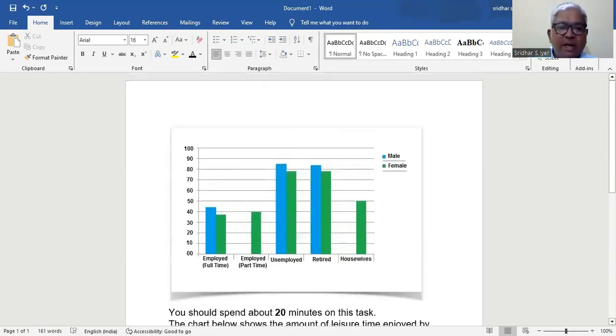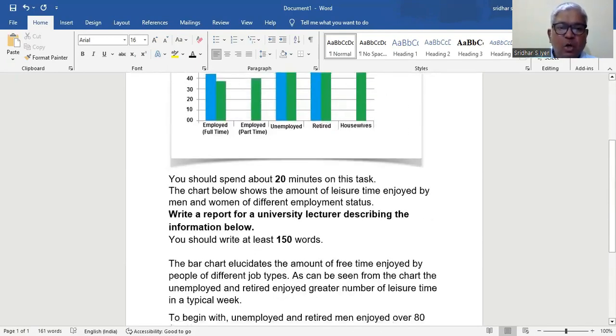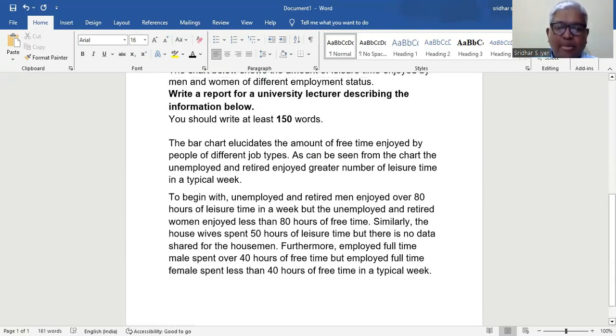What else do we have here? We have only employed part-time. Okay, but there is no data given for men.